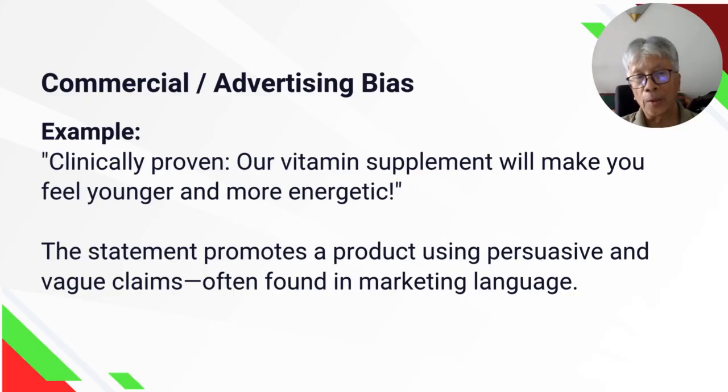An example of commercial bias or advertising bias: "Clinically proven, our vitamin supplement will make you feel younger and more energetic." The statement promotes a product using persuasive and vague claims. That's often found in marketing language. It's also found in newspapers, in magazines, and even on TV or TikTok or other social media.